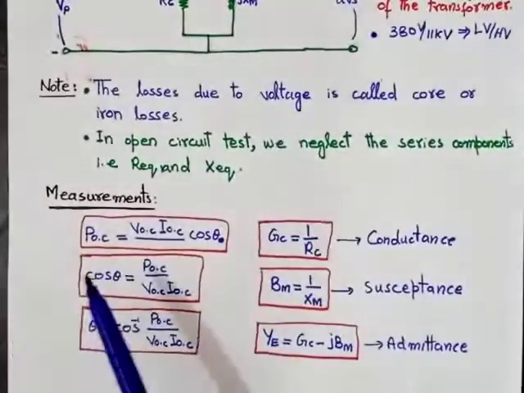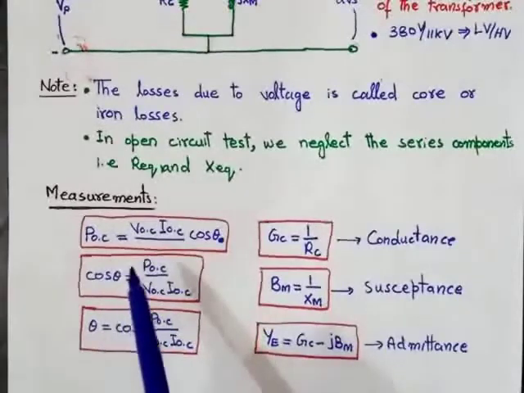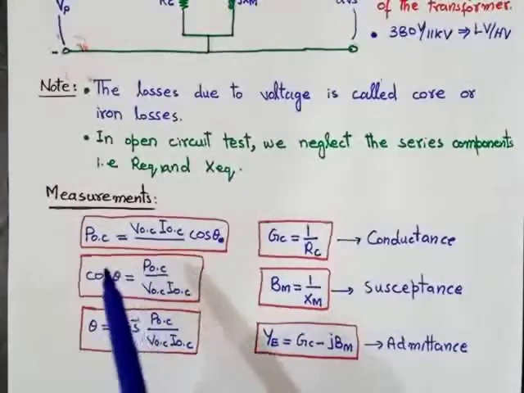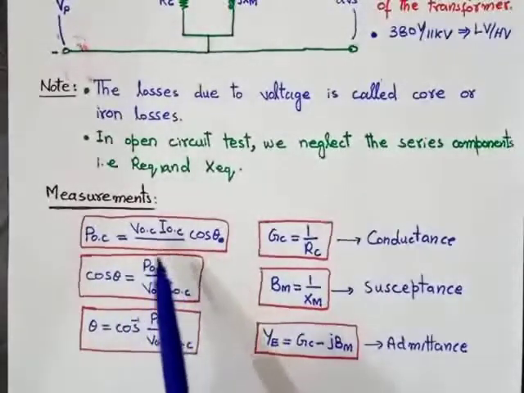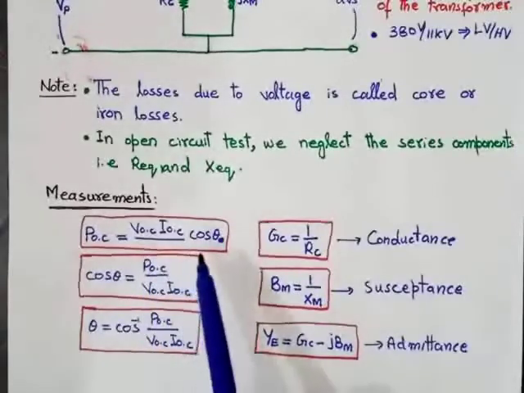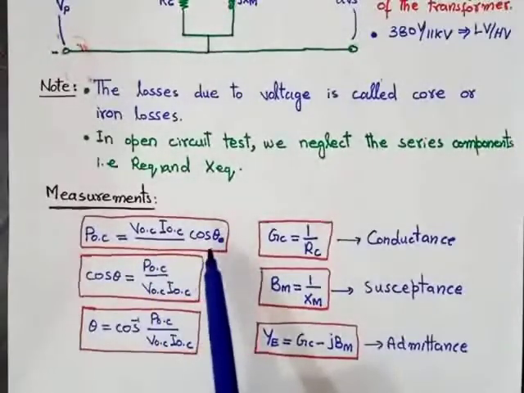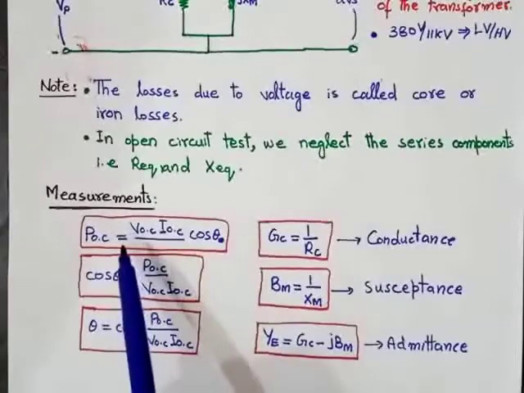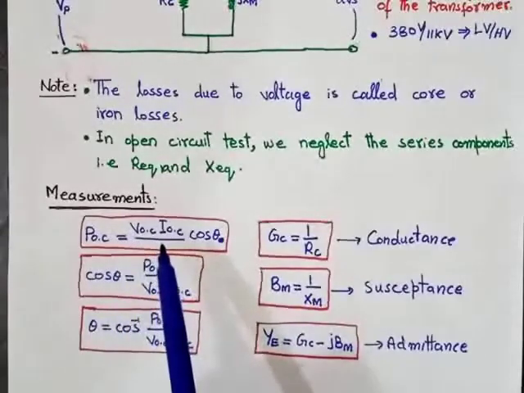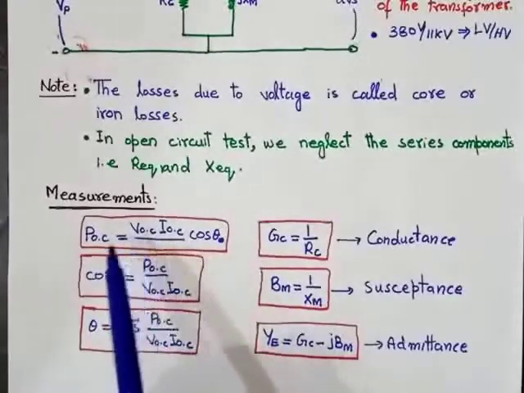So as we know, the open circuit power or P core will be equal to V open circuit into I open circuit into cos theta. Theta is basically the angle between voltage and current, that is, the phase difference between voltage and current.